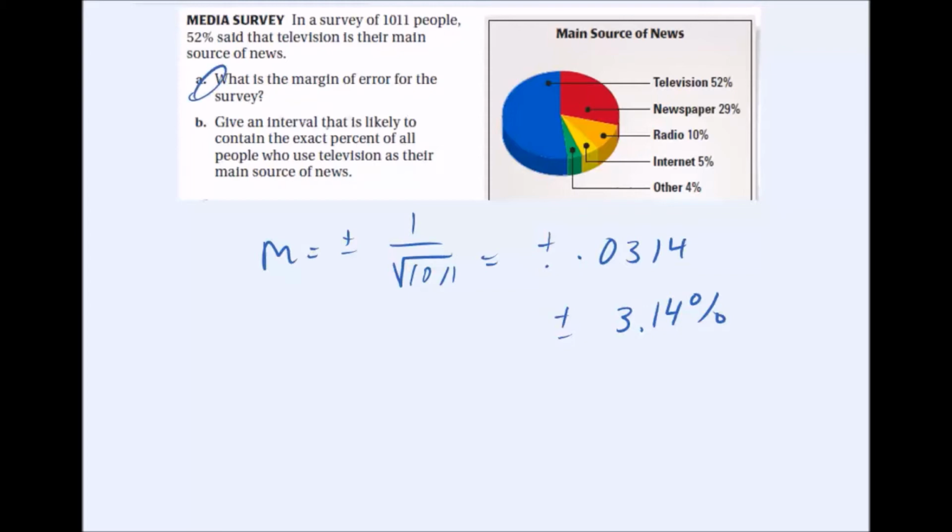But then it says, give an interval that's likely to contain the exact percent of all people who use television as their main source of news. The margin of error really tells us how much it changes from the percent that we actually measure. So we take 52% minus 3.14% and 52% plus 3.14%, and that's going to tell us the interval.